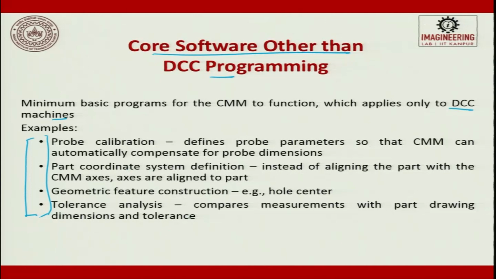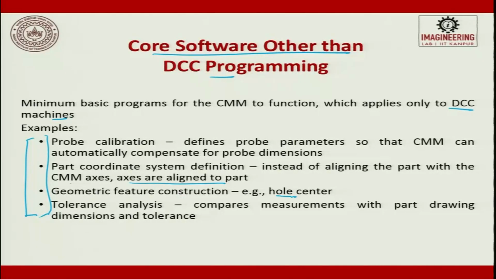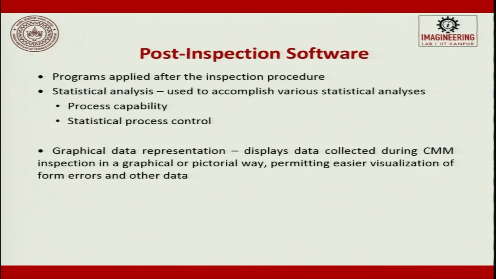Part coordinate system is, instead of aligning the part with the CMM axis, the axes are aligned to the part. Just like your world coordinate system and user coordinate system, we convert it to a local one with respect to the part, what the alignment is to be done. Then geometric features, for example, hole centers, and tolerance analysis compares measurement with the part drawing dimensions and tolerances.